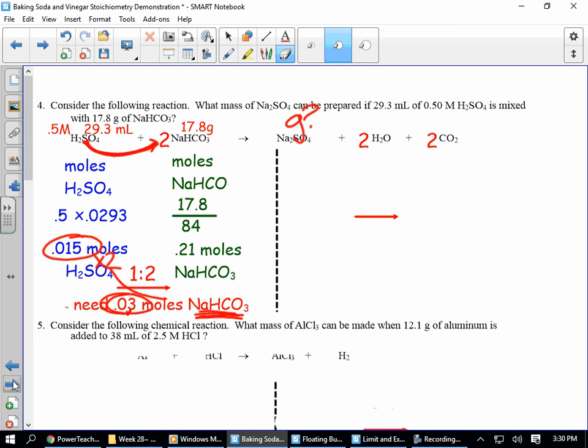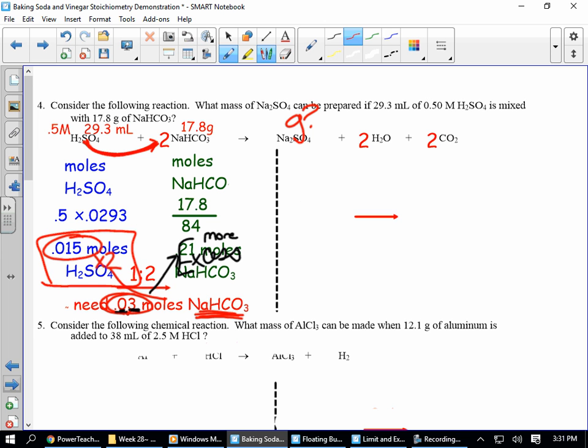Let's take a look. Do I have 0.03? No, I actually have a whole lot more. 0.2 is way bigger than 0.03, so this is a lot more than I need. So this is my excess, and that means that this is my limiting.